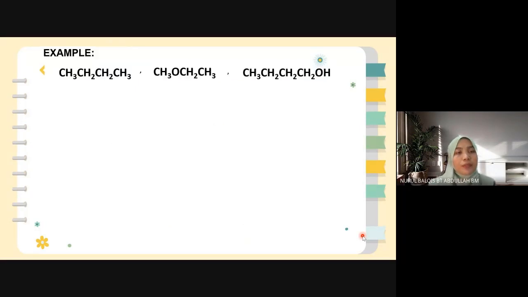Okay, for example, we have this compound. Here we got 1, 2, 3, 4 carbons. Here we have 1, 2, and 3 carbons. Here 1, 2, 3, 4 carbons. Okay, adakah diorang semuanya alkohol? No. So the far right here, can I know the class of compound when you have OH?